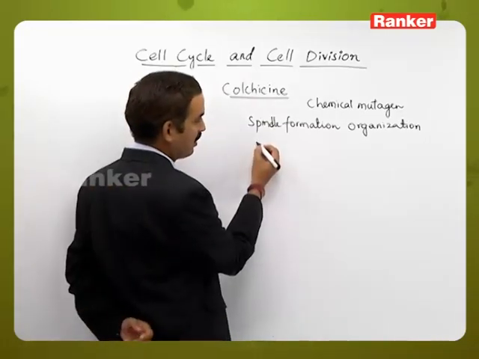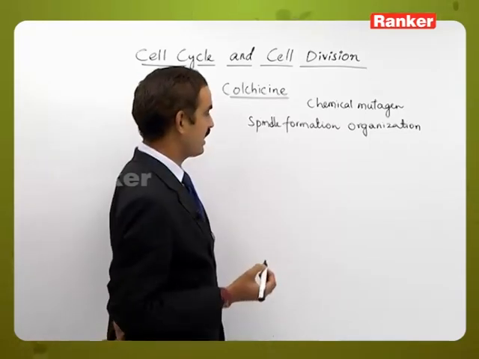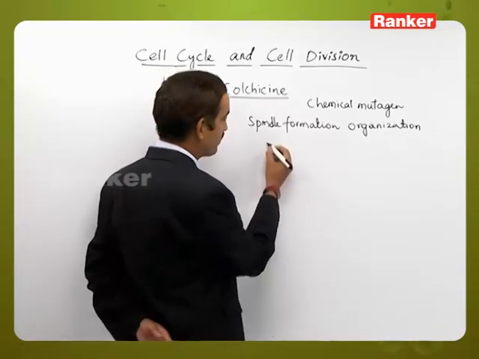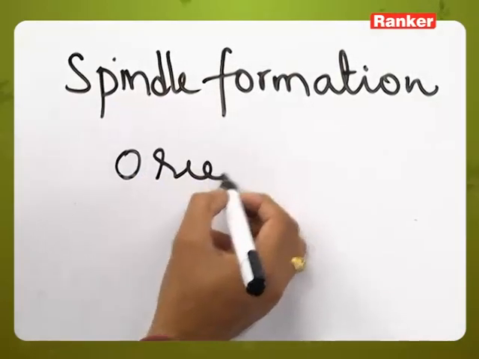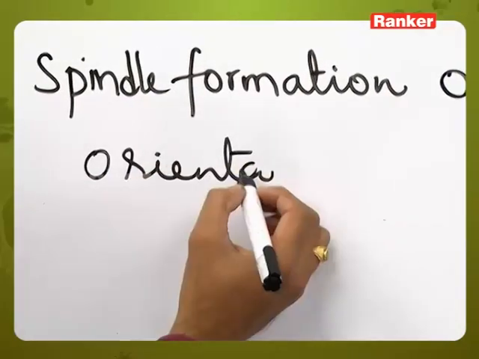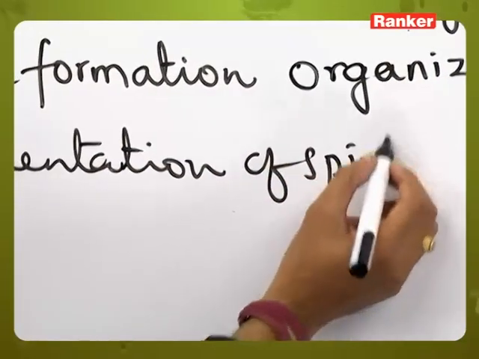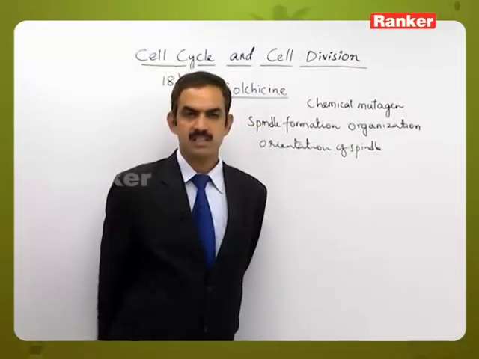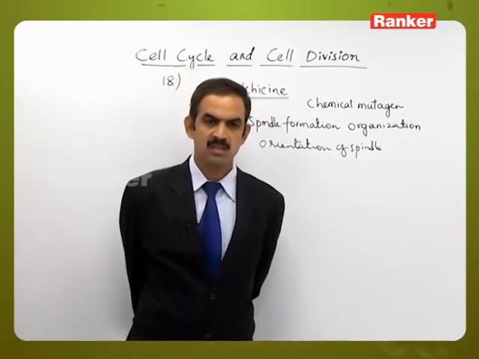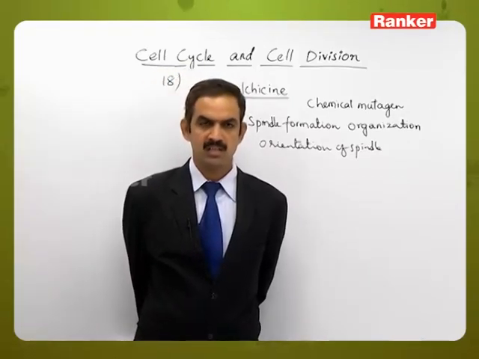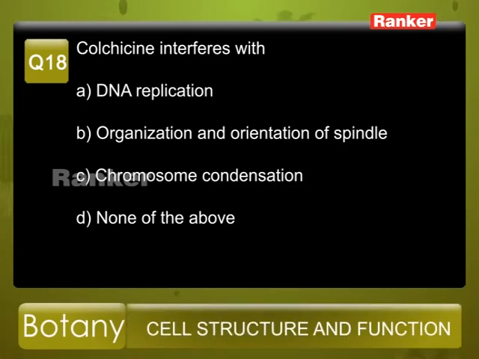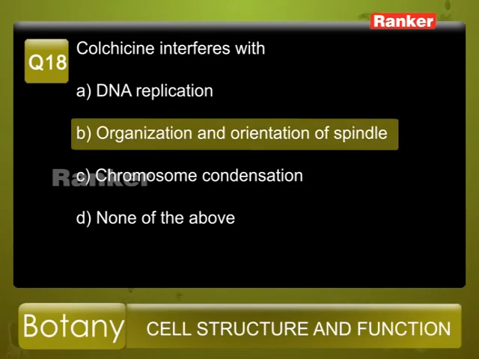So not only will they obstruct the organization of spindle fiber, but also the orientation of the spindles. But it is not concerned with DNA replication nor with chromosome condensation. So from the given options, option B is the correct answer.